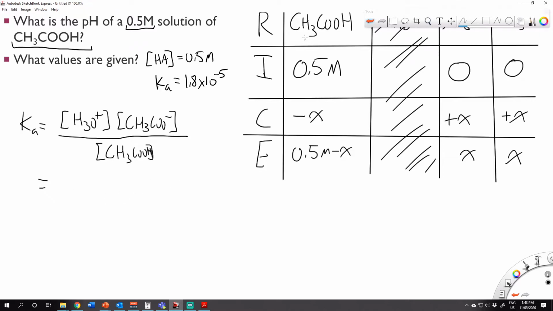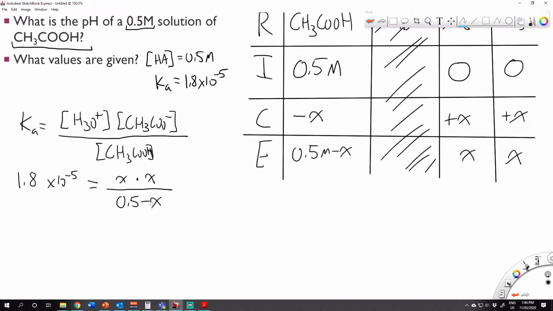Placing the values we know: the Ka is 1.8 times 10 to the negative 5. Concentration of H3O plus is X. Concentration of CH3COO minus is X. The concentration of acetic acid is going to be 0.5 minus X.